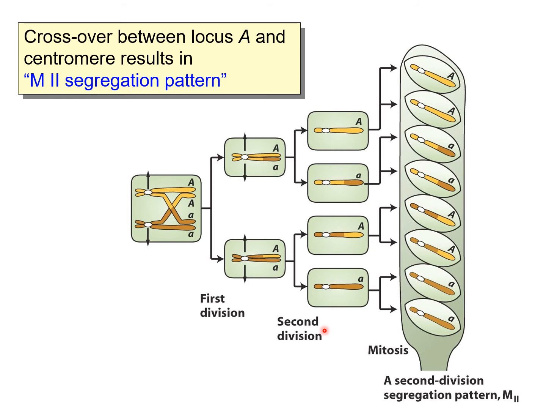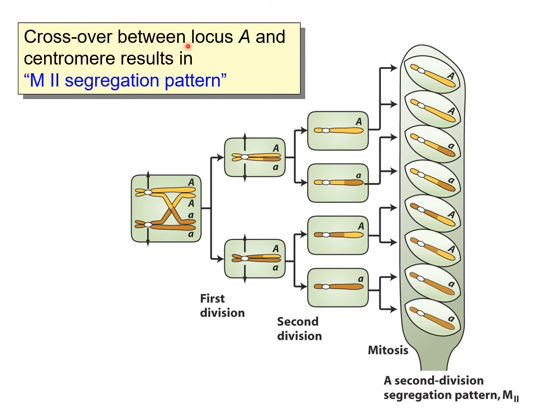Why did this happen? Because the crossover has taken place during prophase of the first meiotic division, and because of crossover the part of the chromosome gets exchanged, and therefore the alleles get segregated at the end of the second meiotic division, and therefore it is called the M2 segregation pattern.